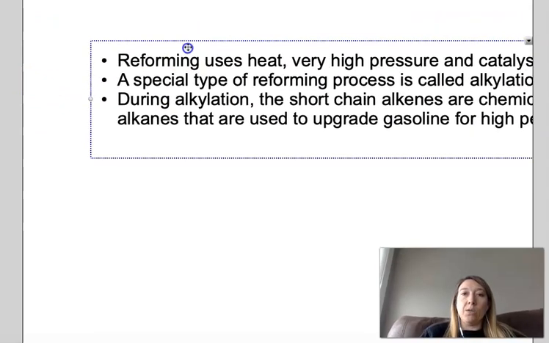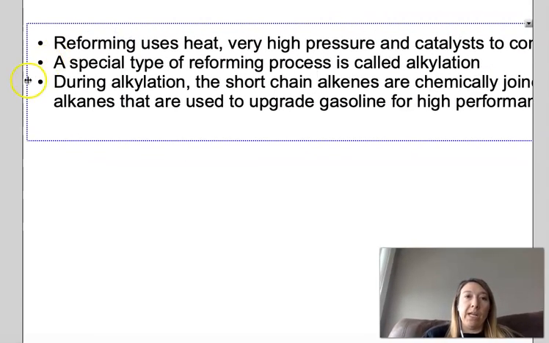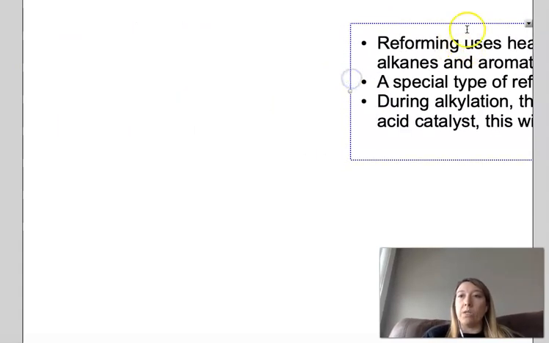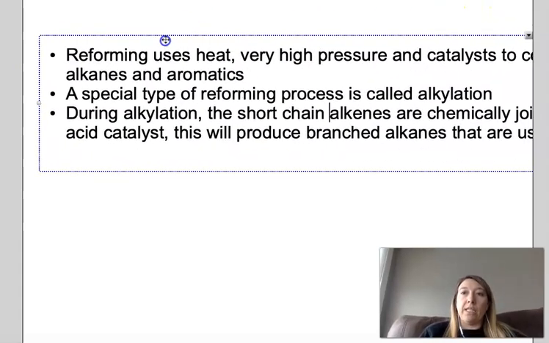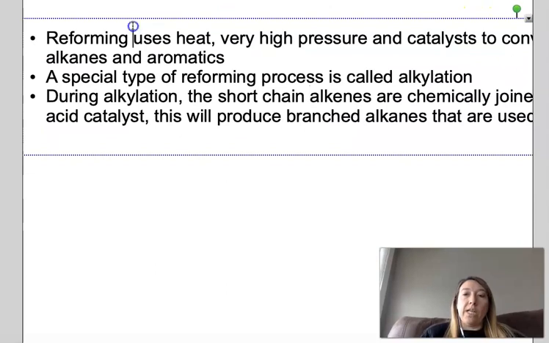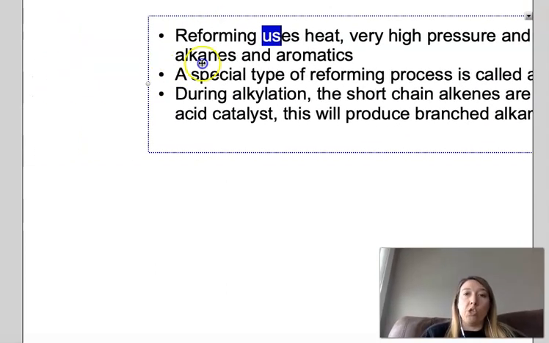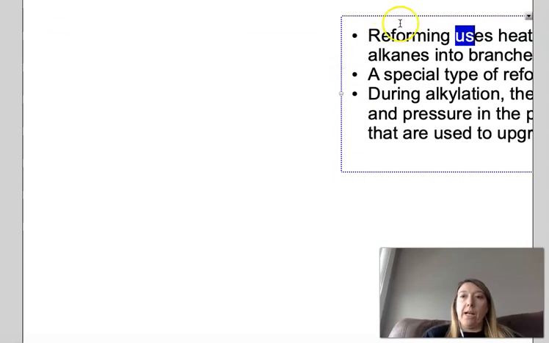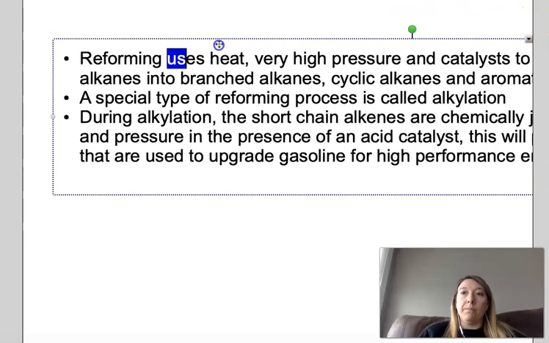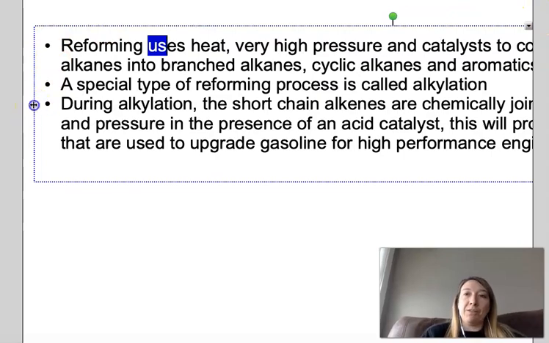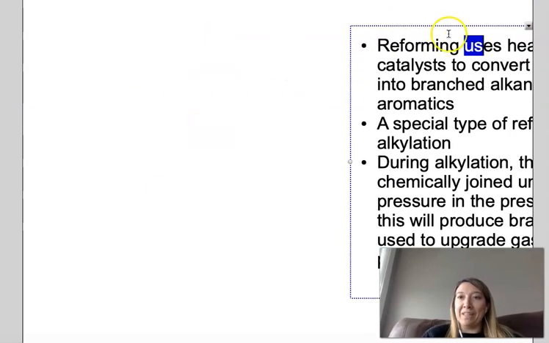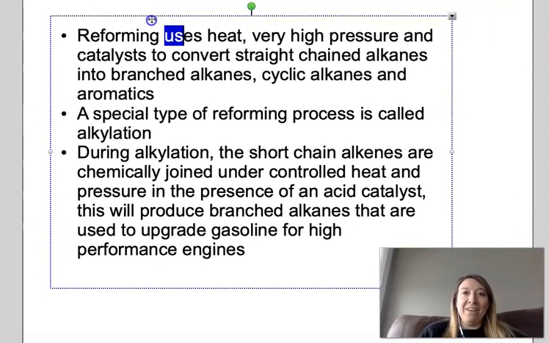But really the biggest thing to recognize when it comes to reforming, again, we're not going to ask you to draw this out. It's just a matter of recognizing that we are going to take that larger or smaller molecule, and we're going to join them all together to be able to create something that's larger, looks a little more like what we want. Okay, apparently this is actually a pretty big slide. There we go.